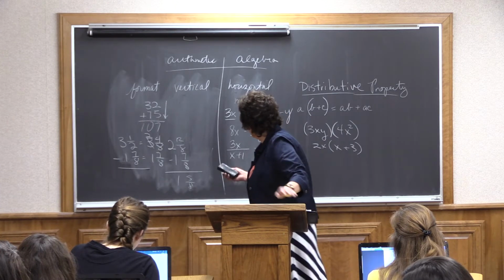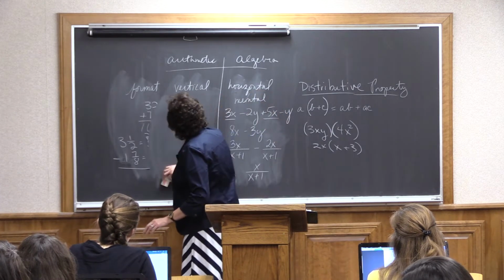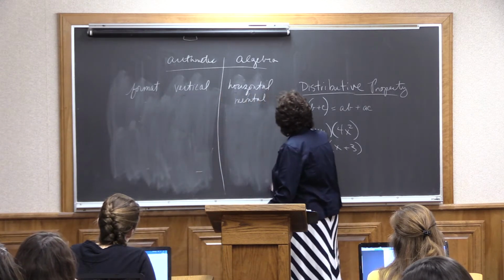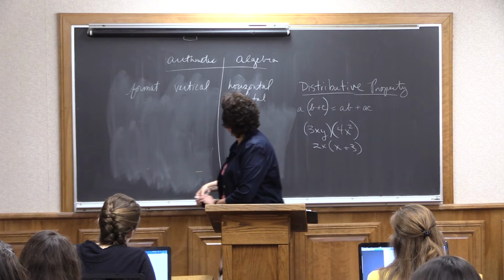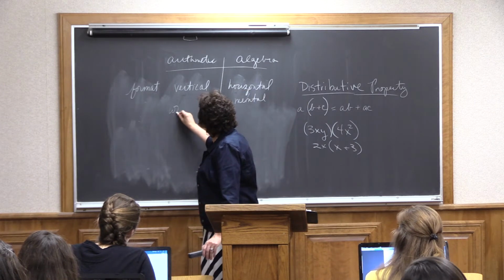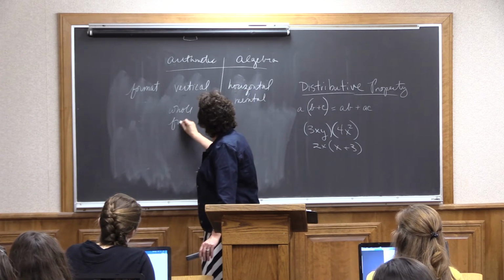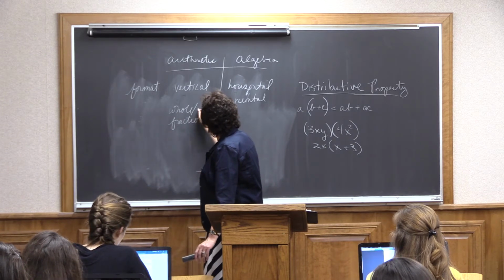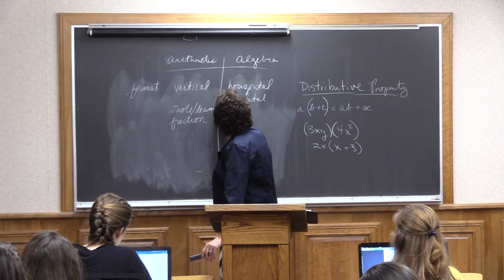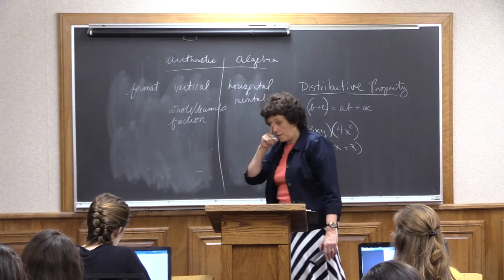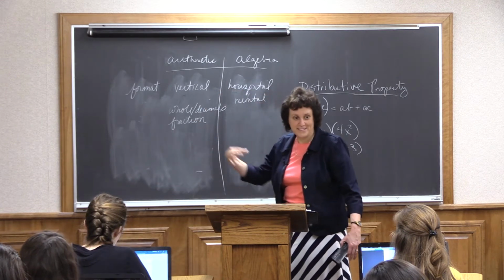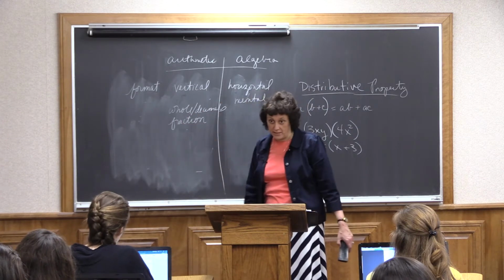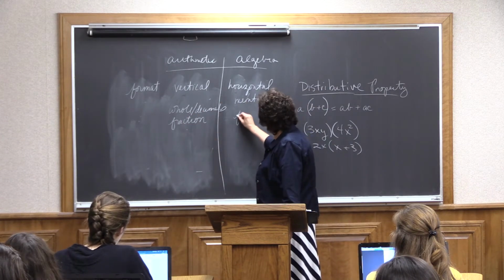Another difference is arithmetic involves whole numbers, fractions. I'm going to put decimals up here because they kind of are the next step. We're going to deal with decimal math, whole number math, fraction math in algebra.